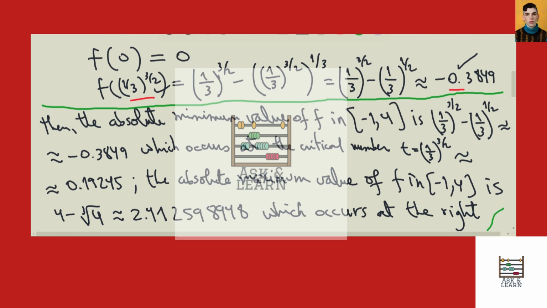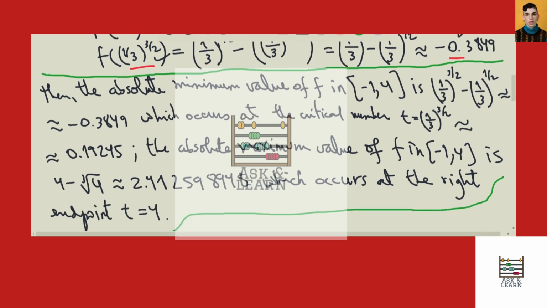So we have the exact extreme values of the function in the interval -1 to 4, and where they occur.